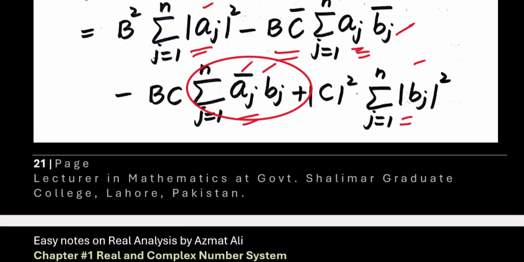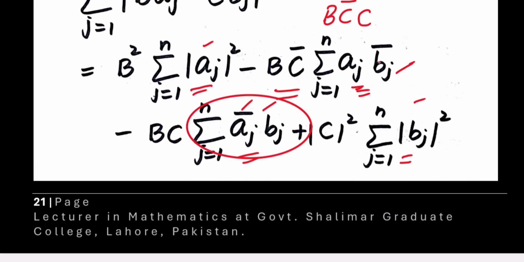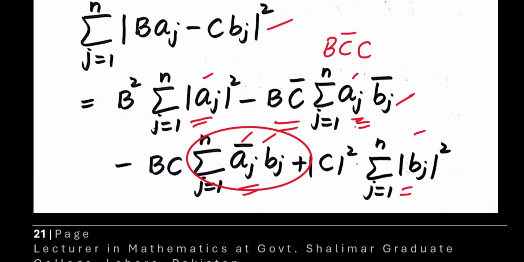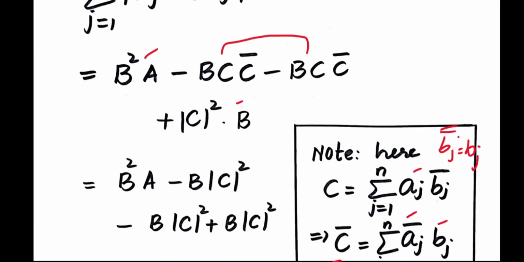So I will replace this summation with C, and this summation can be replaced with C conjugate. So we have two terms, minus B into C conjugate, and this term can be written as minus B into C into C conjugate, that you can see here.